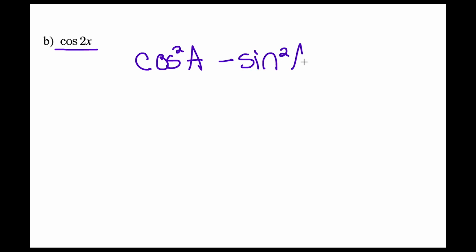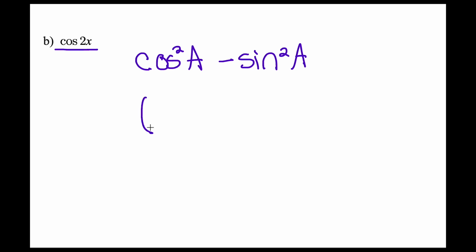Because I know the sine, cosine, and tangent ratios, I can use any of the 3 versions of cosine 2a given on the reference sheet. So just for this example, I'm going to choose cosine of a squared minus sine of a squared.